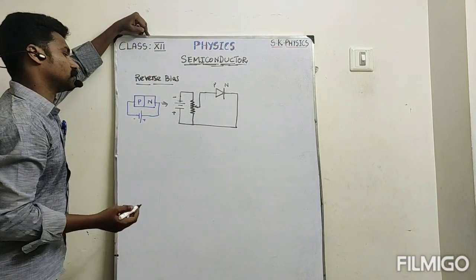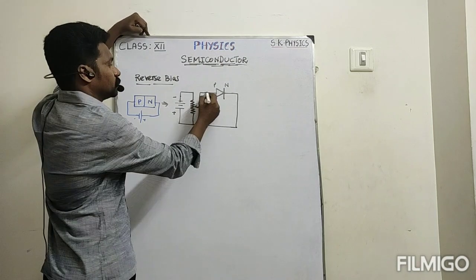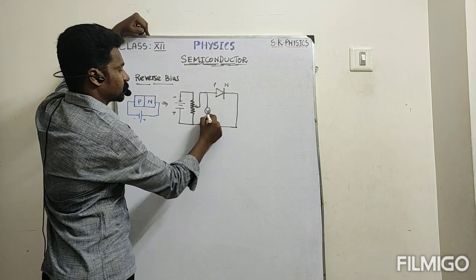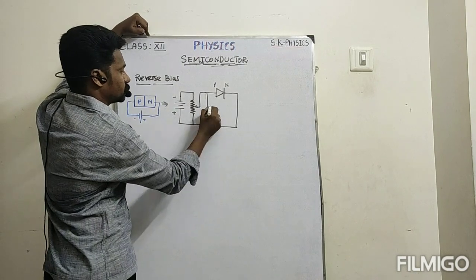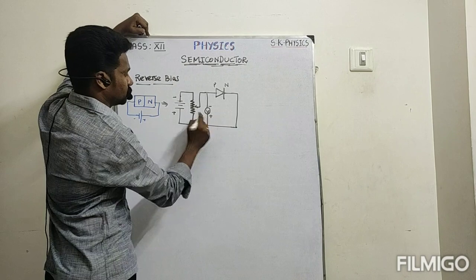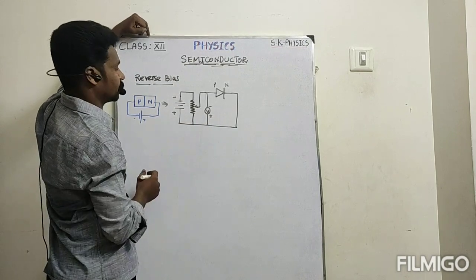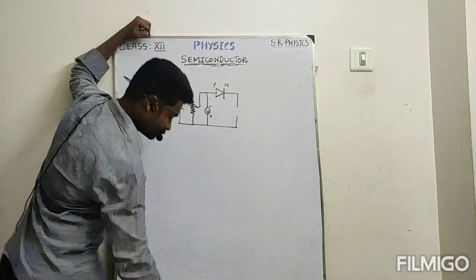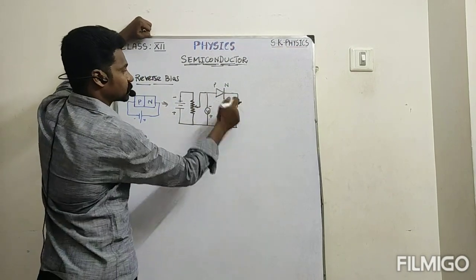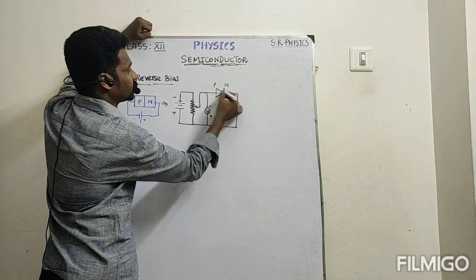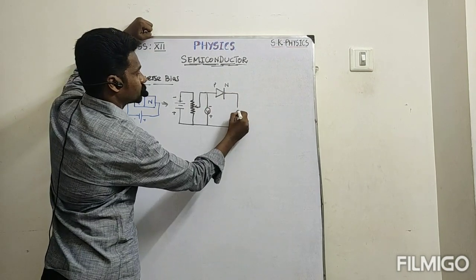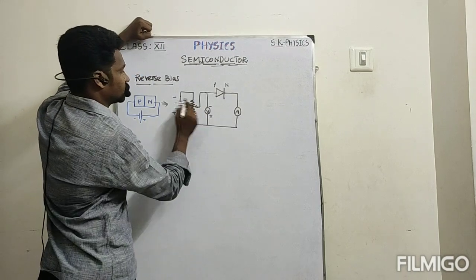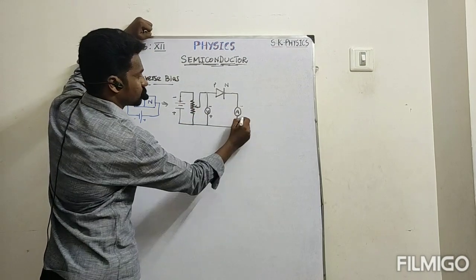Now I have to measure the voltage value. The voltmeter I can connect in parallel in the circuit, negative to negative, positive to positive. Likewise the ammeter I can draw here, in series connection, negative to negative, positive to positive.